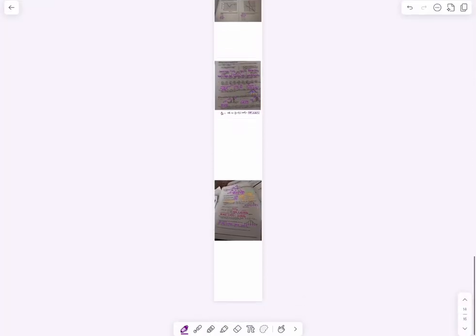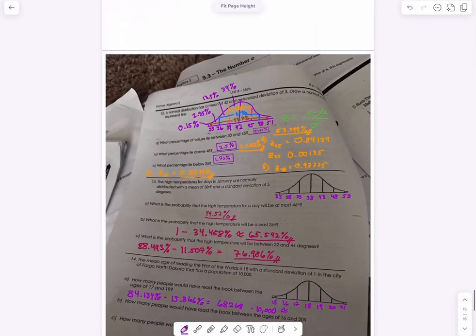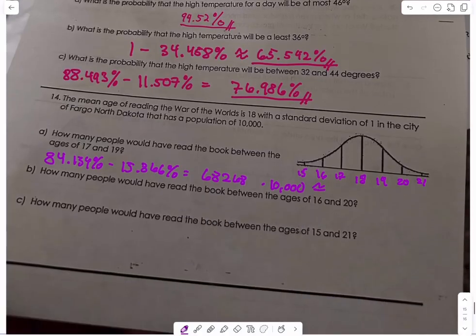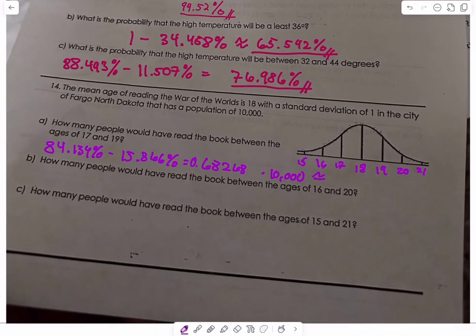So when we multiply by 10,000, 1, 2, 3, 4, we get about 6,826.8 people. So about 6,827 people.